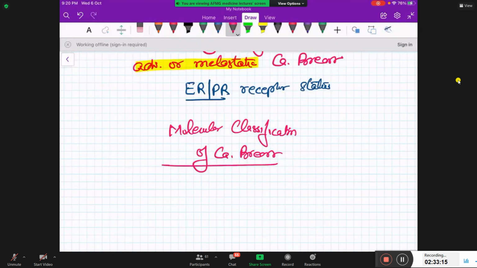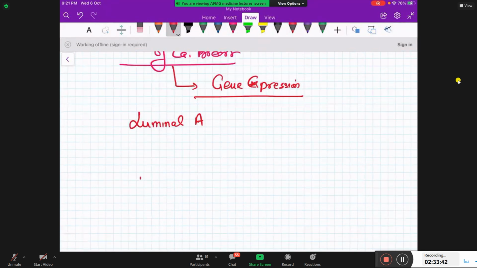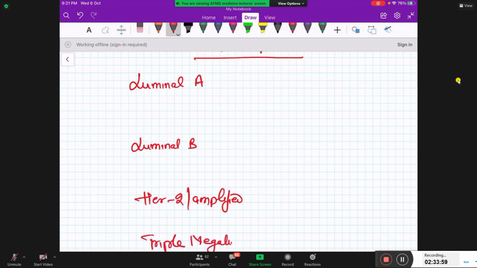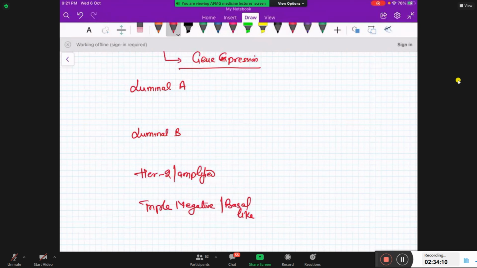First of all, you should note and highlight that this molecular classification is on the basis of gene expression.